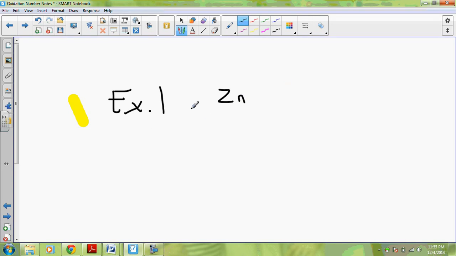And that's it. If you have it on your worksheet and it says zinc, there's nothing for it to do. So you would just put a 0 over top of it. And bada boom, bada bing, that says that there are no electrons being added or subtracted to it. It's just neutral. So good. That's number 1. That's the easiest rule we can follow right now.